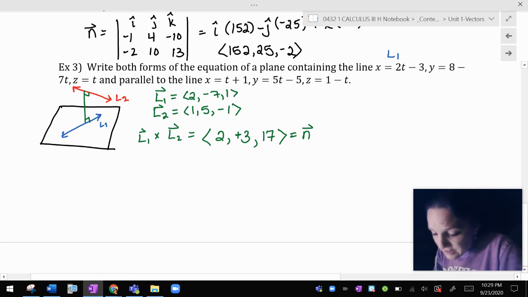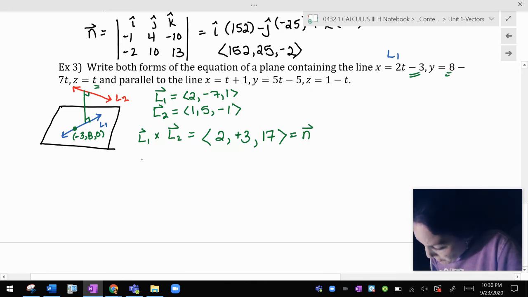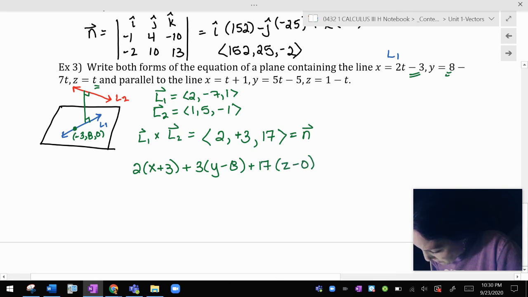And since my plane needs to contain L1, my plane needs to contain any point from L1. Let's use L1's initial point, which is negative 3, 8, and 0. So my plane is going to be 2x plus 3 plus 3y minus 8 plus 17z minus 0 equals 0.